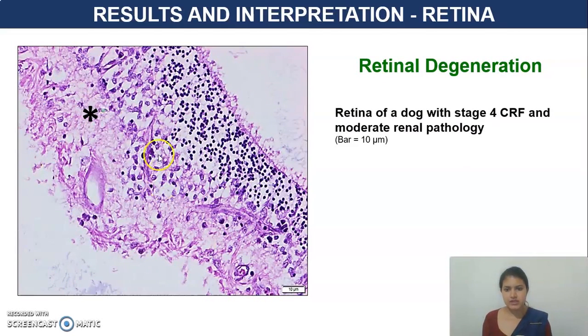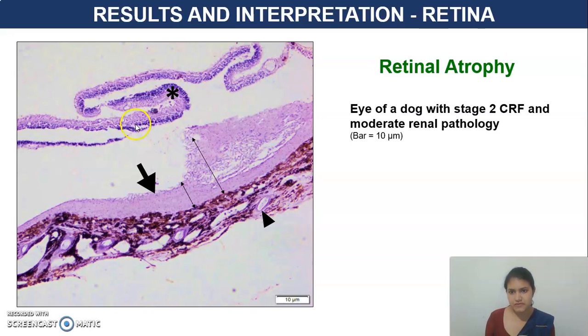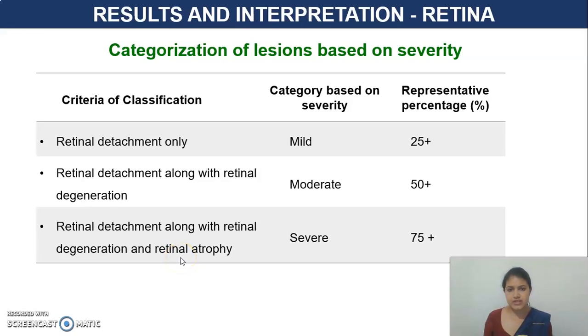In some cases, retinal degeneration with mild atrophy was observed in the retina, especially in the ganglion and inner nuclear cell layers. So as displayed over here, features like intermixing of retinal layers, reduced thickness of the retina, and loss of normal retinal architecture were prominent during retinal atrophy. And here you can see a prominent cellular proliferation at the level of the retinal pigmented epithelium and a severely fibrotic choroid. So these retinal lesions were categorized based on their progression from detachment to atrophy as mild to severe form.